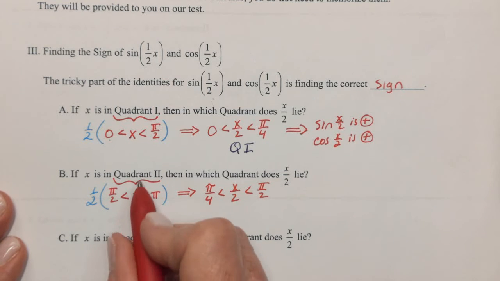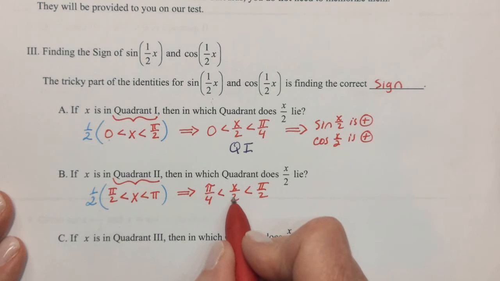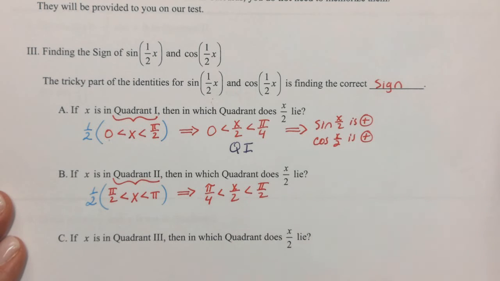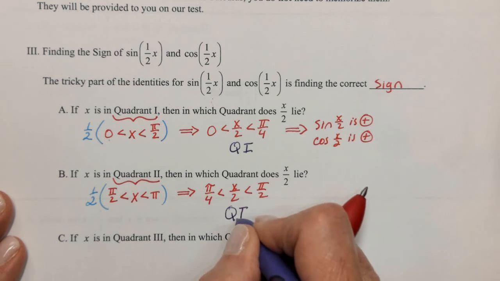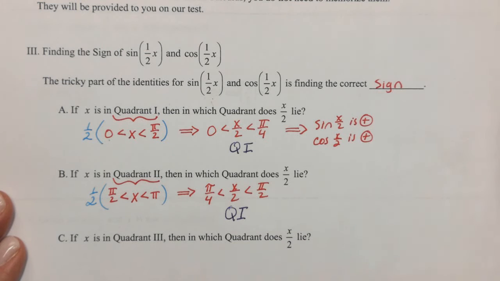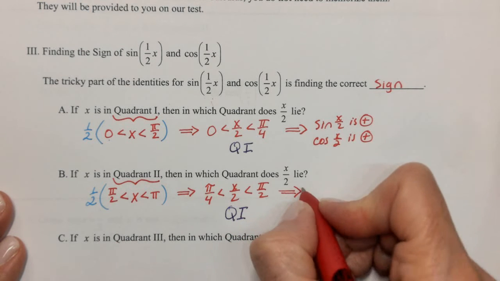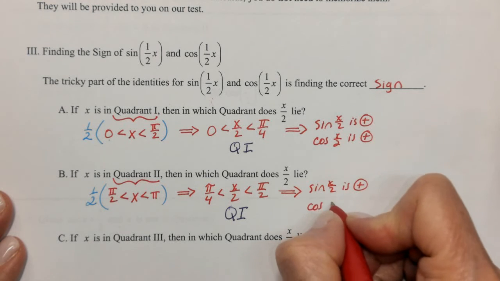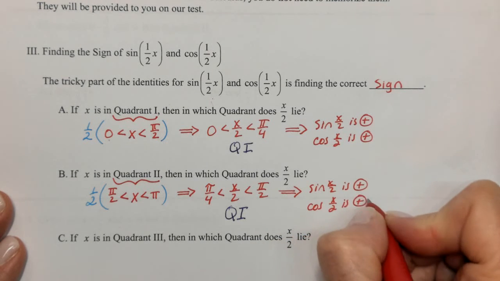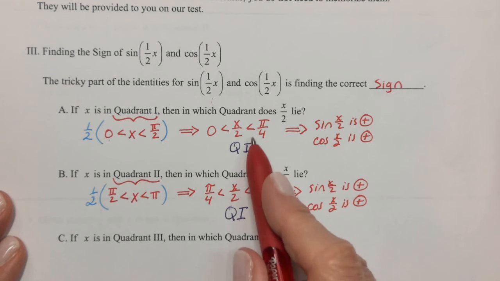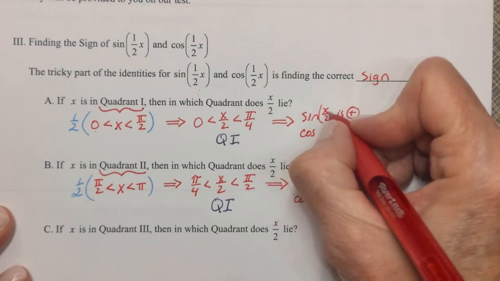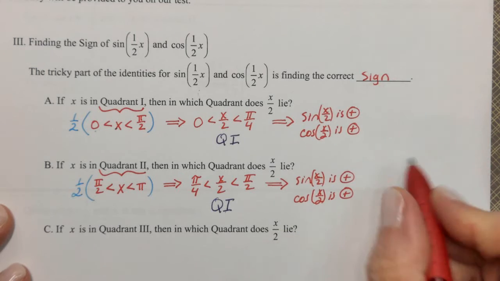So if x is in quadrant 2, x over 2 has to be between pi over 4 and pi over 2. That puts it in quadrant 1 again. So sine of x over 2 is going to be positive, and cosine of x over 2 is going to be positive, because x over 2 will be in quadrant 1. Maybe I should be putting parentheses around these arguments to make that clearer.